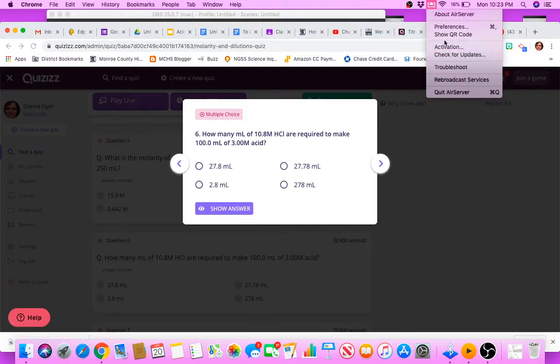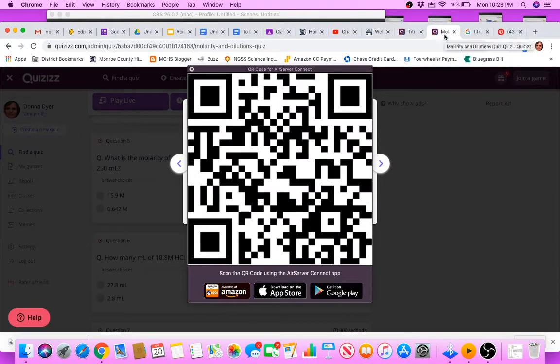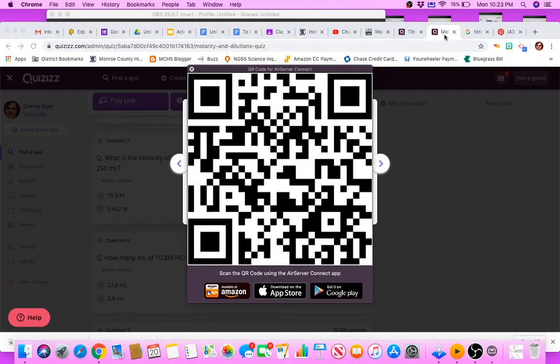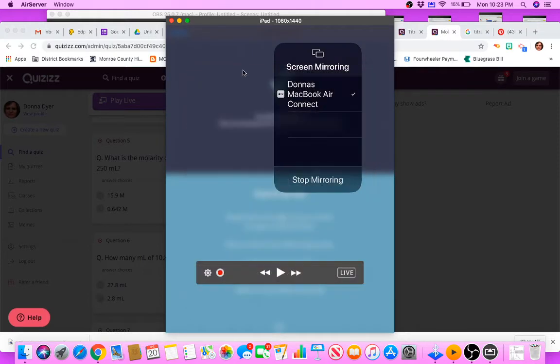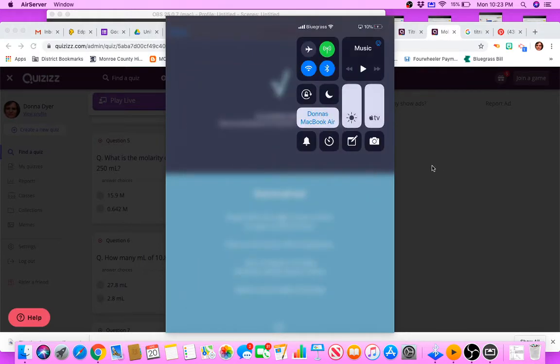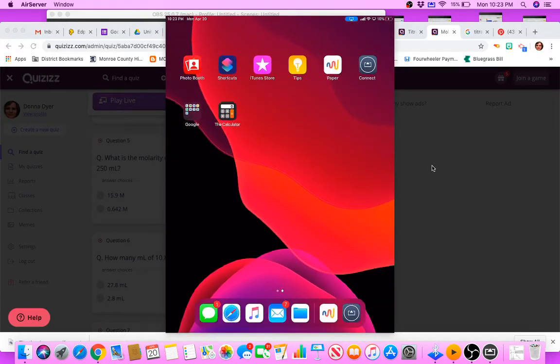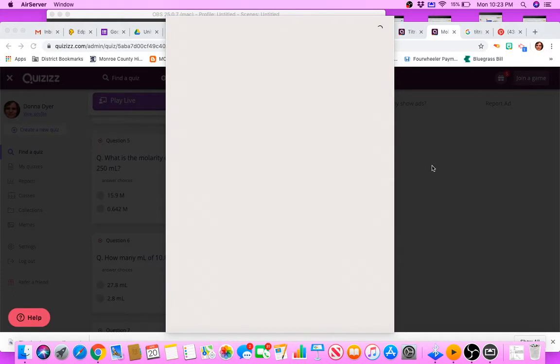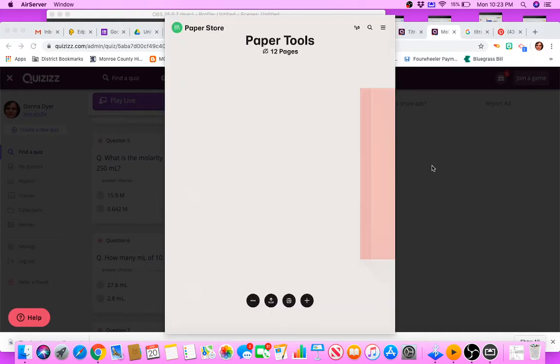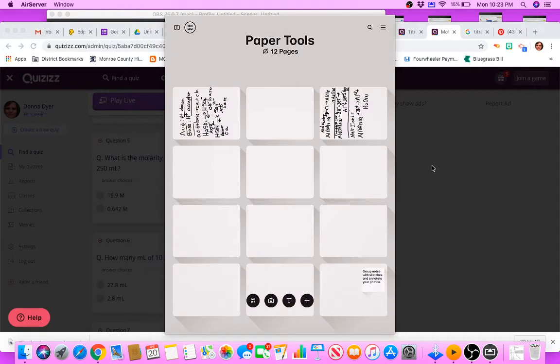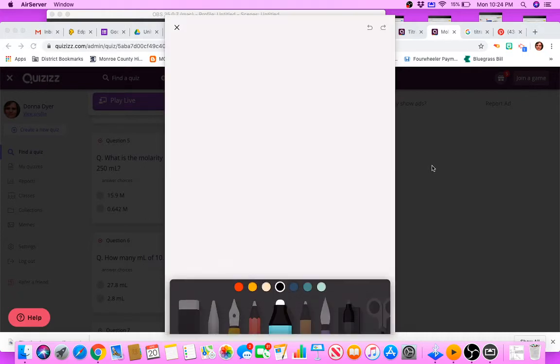Show the QR code, scan the QR code to connect it to my computer, and then I'm going to screen mirror my computer. Let's get rid of this. And then let me go to my paper app here. I forgot to get anything to write with, but in any case, I think I can make it work. All right. So here we go.